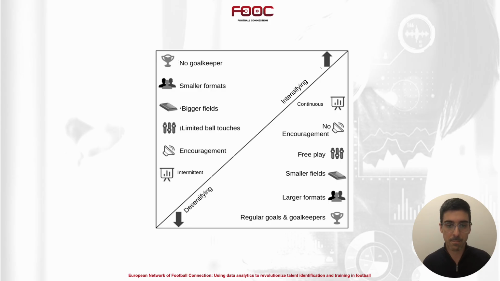We should keep smaller formats, bigger fields, limited ball touches, providing encouragement during the exercise, and also provide intermittent stimulus to ensure that players stay stable in the same intensity. So this is the state of the art that we can bring from different original studies, and based on that we can build up our drills.